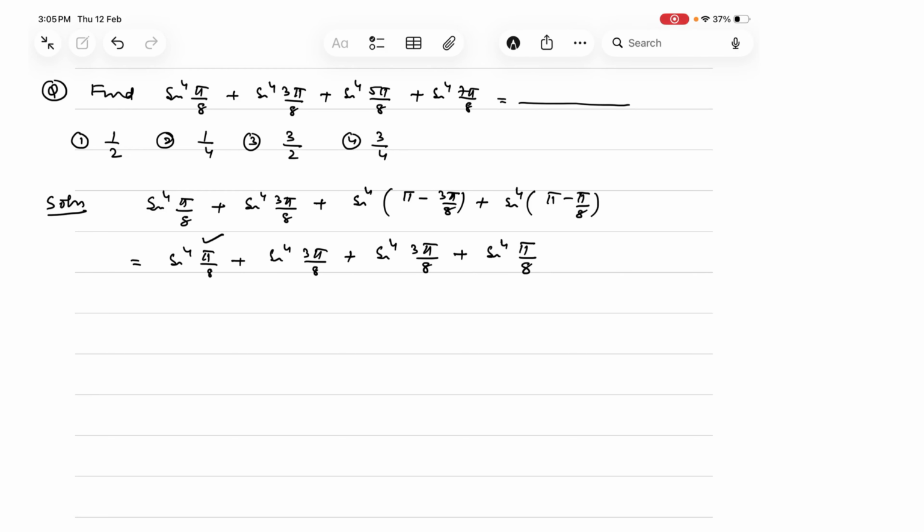So therefore, we are having sine to the power of 4 pi by 8 plus sine to the power of 4 pi by 8, this is 2 sine to the power of 4 pi by 8 plus 2 sine to the power of 4 3 pi by 8. Therefore, 2 is common. We get 2 times sine to the power of 4 pi by 8 plus sine to the power of 4 3 pi by 8.